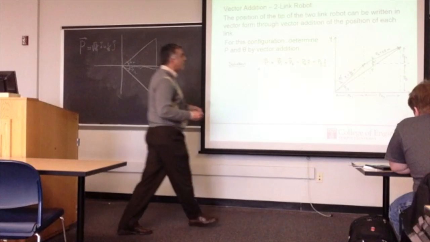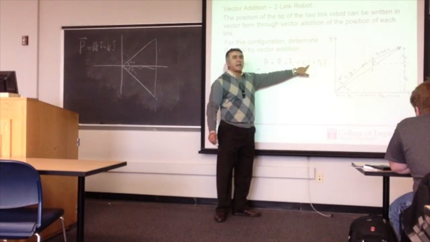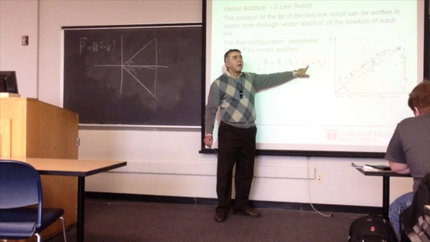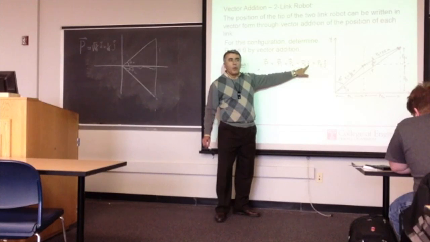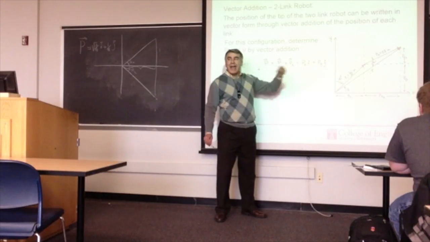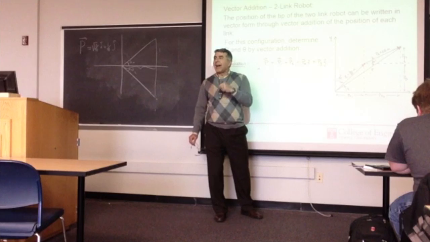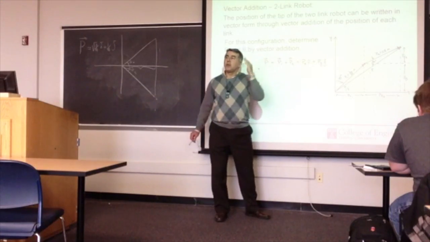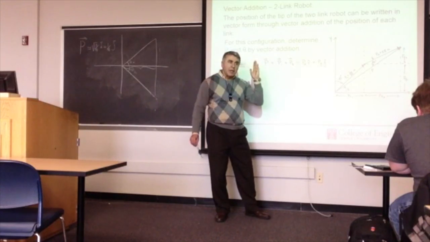Right, exactly. So what is the magnitude of i? What do we call it? Unit vectors, didn't we? So what is the magnitude of i? 1. Unit vector. So i has a magnitude of 1 and a direction in the x direction. j, magnitude of 1, but in the y direction.